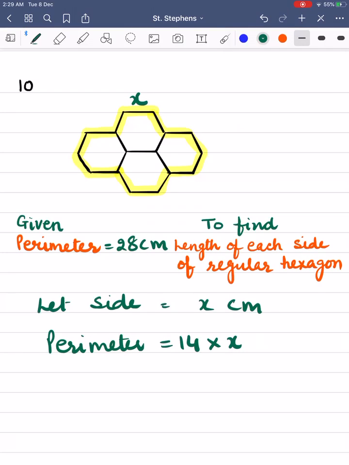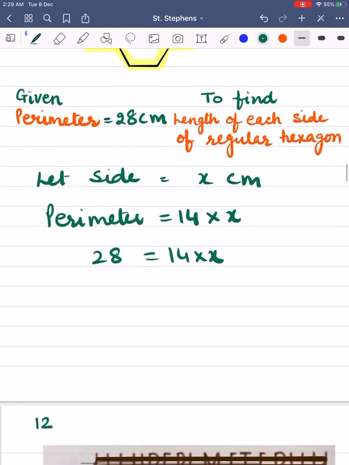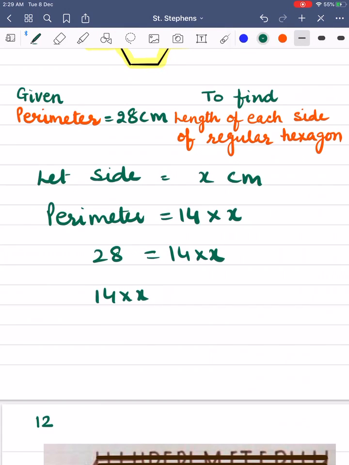Now let's substitute value of perimeter from the question, which is 28. So 28 is equal to 14 into x, or we can write it as 14 into x is equal to 28. So x is equal to 28 upon 14. So we get here x is equal to 2 centimeter. So the length of each side of the hexagon is 2 centimeter.